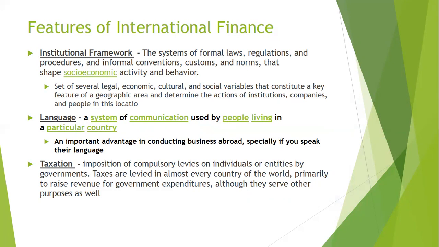So what is the usual activity or the norm, or what is probably in our dialect, uso diha, what is accepted in that socioeconomic society, and how should a company behave in it.